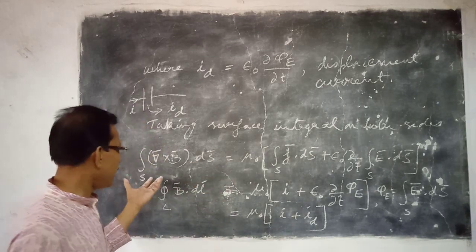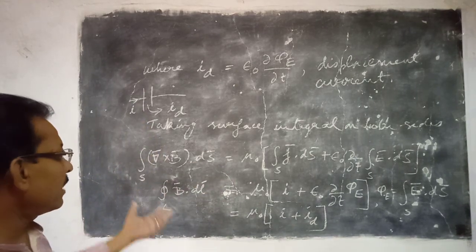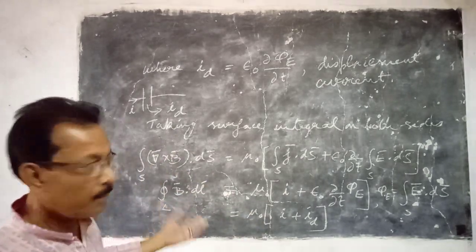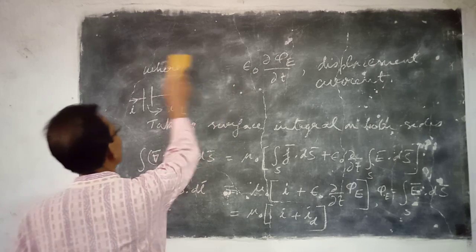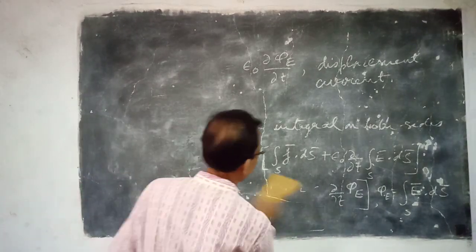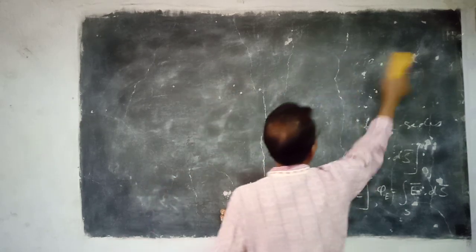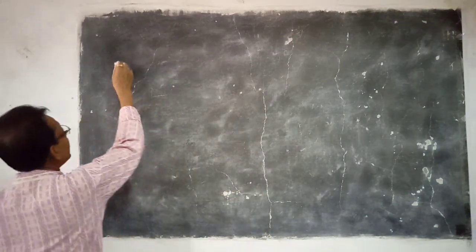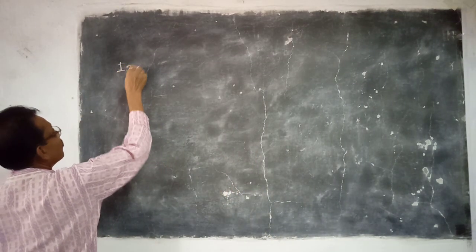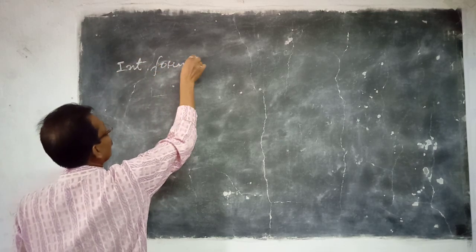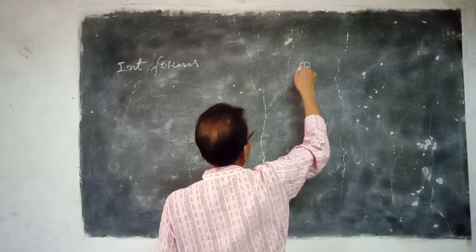So in this way, you can convert all the differential forms of Maxwell's equations into integral form. Therefore, if we make a gist, here are Maxwell's equations, with integral forms on one side and differential forms on the other.